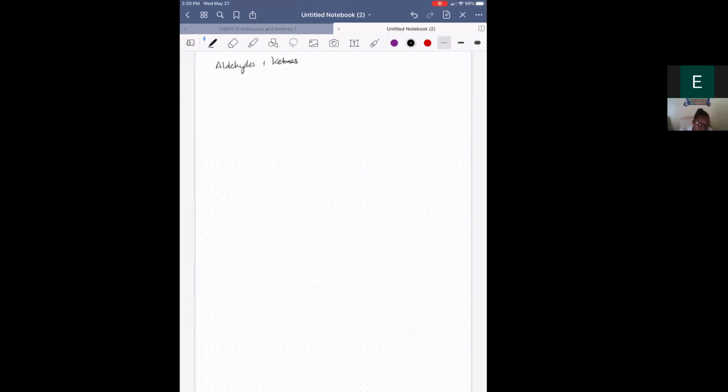For our aldehydes, we'll take our E ending, and the E ending changes to an AL. And then for our ketones, we'll take our E ending and replace it with ONE. Right, so al and on are how we'll identify our aldehydes and ketones, right?